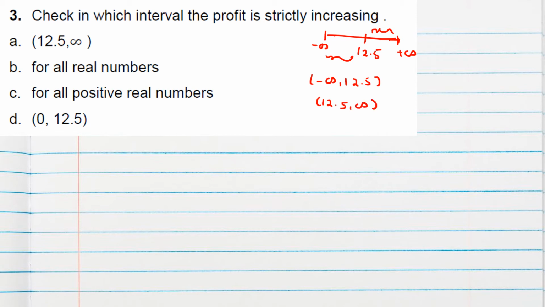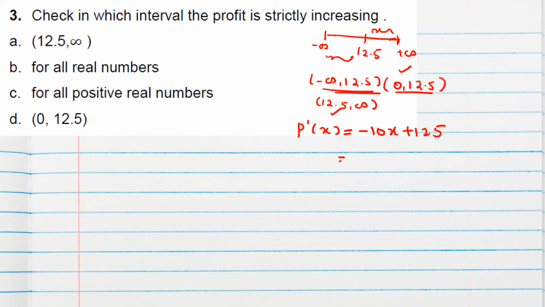Now here negative numbers we cannot include since it is a profit function, and x represents the production. So it cannot be negative. So this interval will become 0 to 12.5. That means we have to check in these two intervals what will be the value of p dash of x. Then only we can decide whether the function is increasing or decreasing. So p dash of x was minus 10x plus 125.